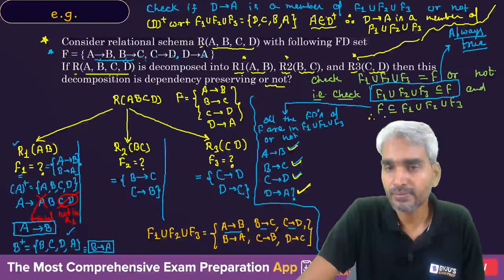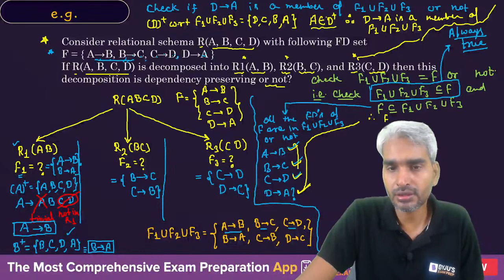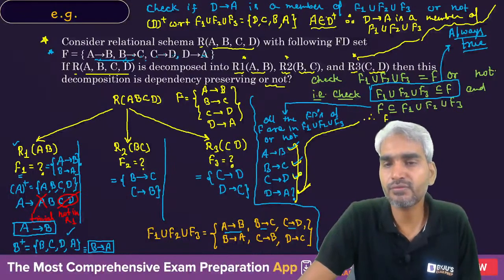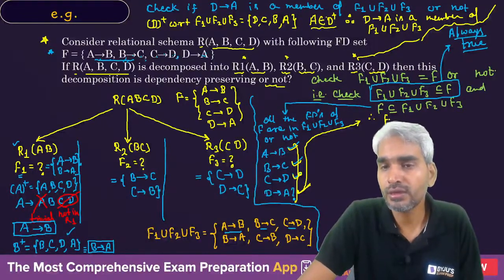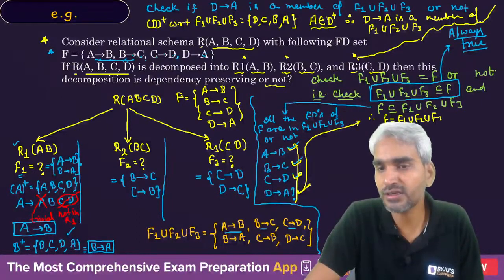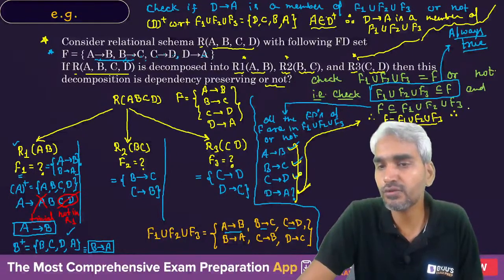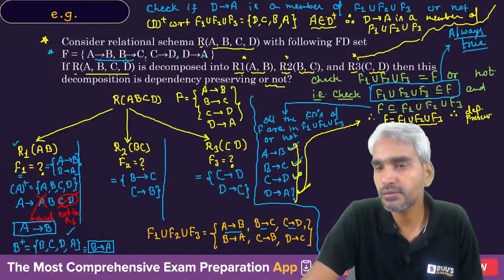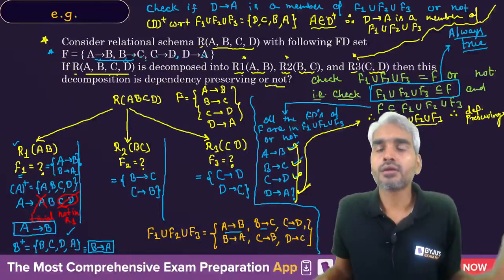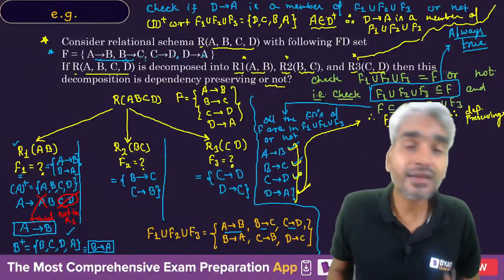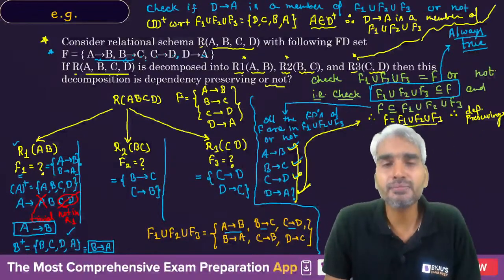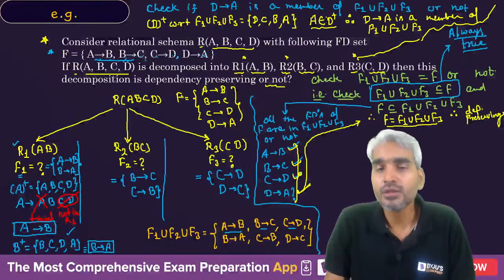Therefore F is equal to F1 union F2 union F3, and because F equals F1 union F2 union F3, it is dependency preserving. Got the idea? I have explained the complete process of what you need to do.